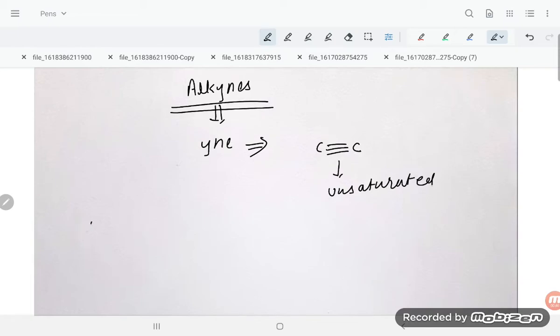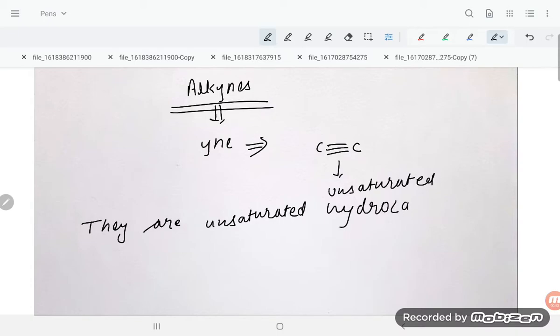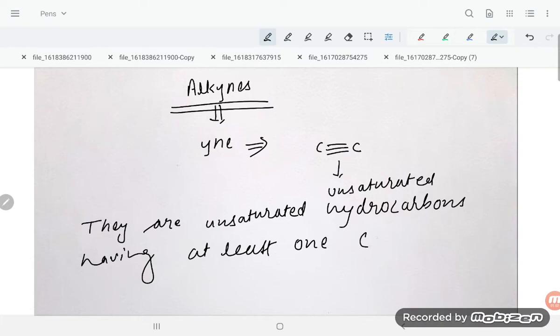So if you are explaining, they are unsaturated hydrocarbons having at least one carbon-carbon triple bond. So this is what an alkyne is.